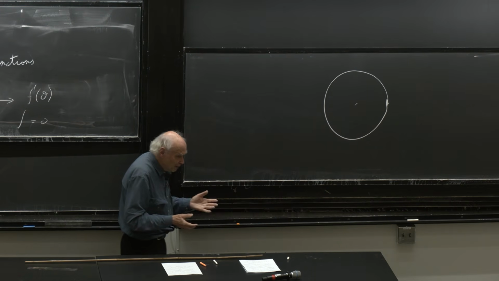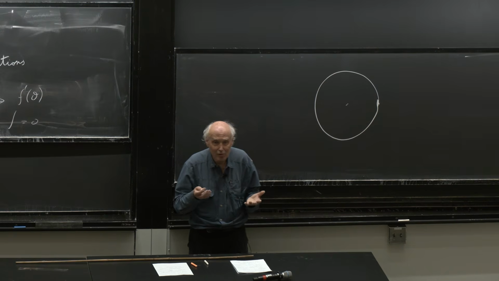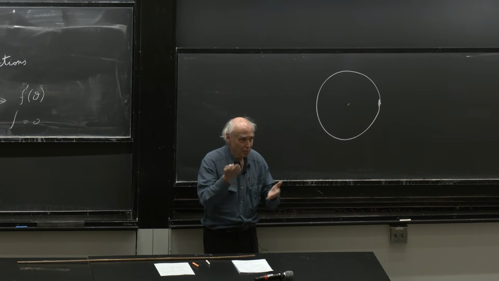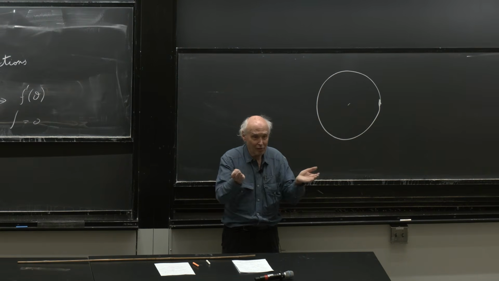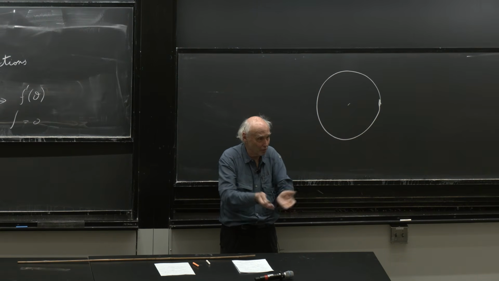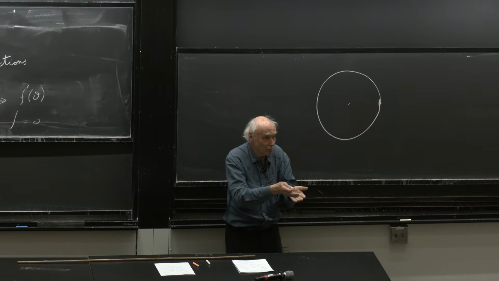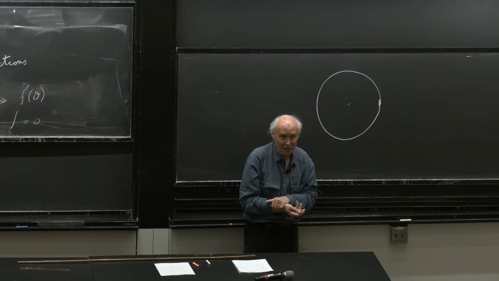Now, if you try to do this algebraically, the only thing which can happen is that you take a few equations to define some cycle, and this cycle will be reducible, will split into two pieces. And then you can take one of the pieces, and this could be something interesting.